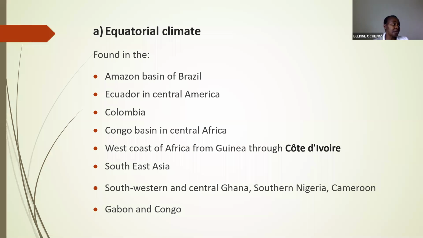These regions were shaded on our map, the world map. So I would like us to ensure that we know the areas where equatorial climate is found. A few of these regions named and the entire area shaded for equatorial climate.